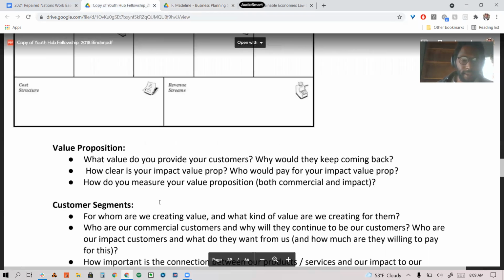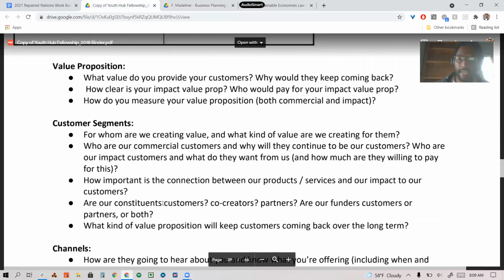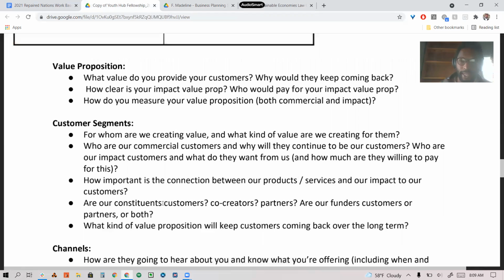When we look at the Youth Impact Hub questions to answer, when you're trying to figure out what to put here, it's talking about who are we creating the value for? What kind of value are we creating for them? It's asking if we have commercial customers, why will they continue to be our customers?